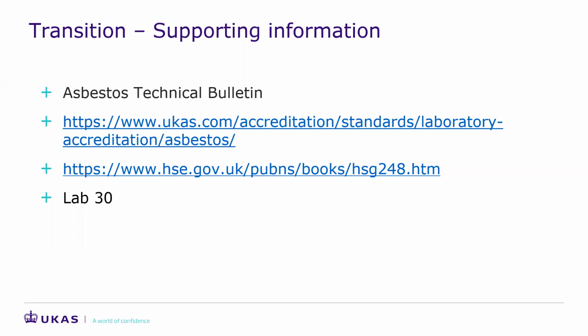Lab 30 will undergo a further review in a few months' time once laboratories, assessors and stakeholders have had suitable opportunity to become familiar with the impacts of the implementation of the revised guidance and to ascertain how these need to be recognised in support of accreditation and the sector as a whole.